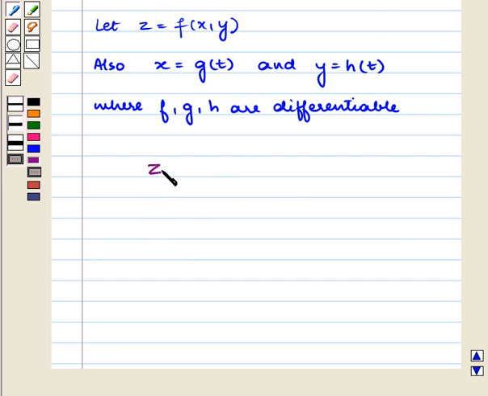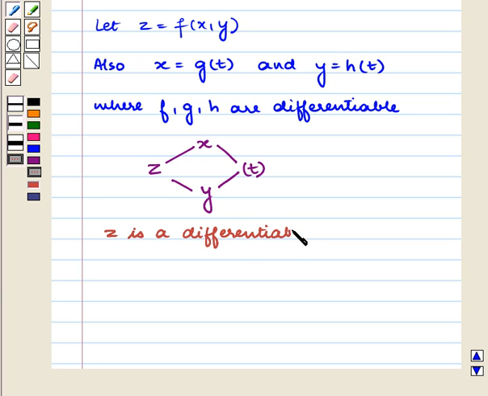That is, z is a function of x and y, and further x and y are functions of independent variable t. Then z is a differentiable function of t.